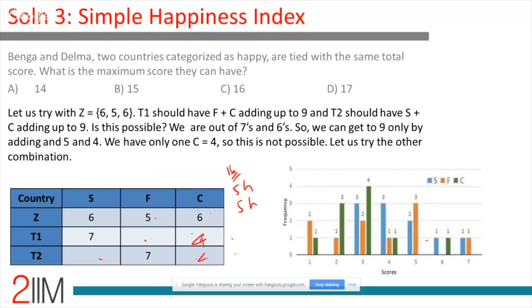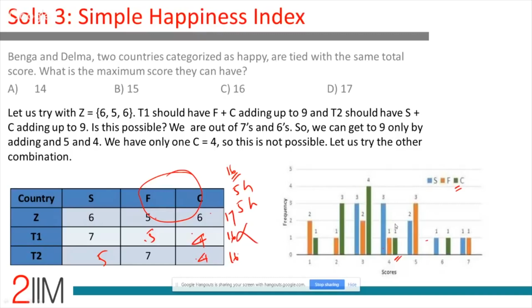Both of these should be 4. This should be 5. This should be 5. That's the way we can add up to 16. And so we don't have any 5s for C. C should be 4. C is green. There's only 1 4. So both of these cannot be 4. So with this table, 17, 16, 16 is ruled out.